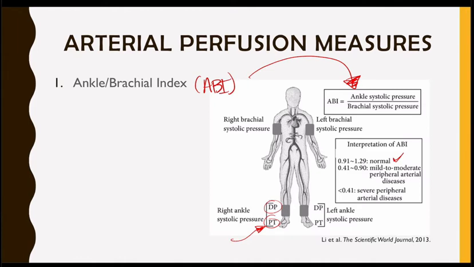When you get to less than 0.9, you have significant peripheral arterial disease. There's a significant enough difference between these two pressures to illustrate that you have blockage of your artery. When it is less than 0.41, that is severe peripheral arterial disease.